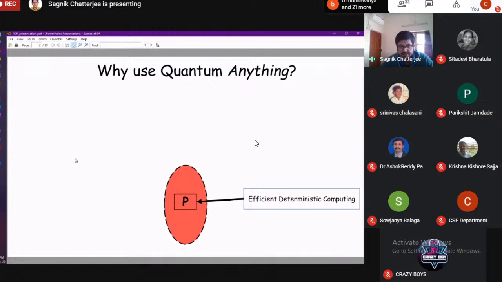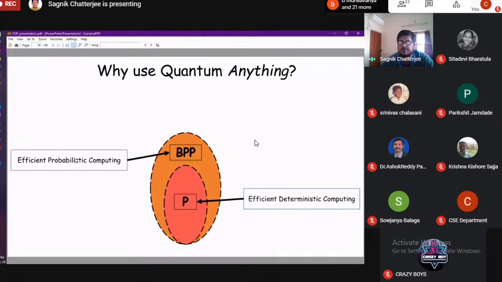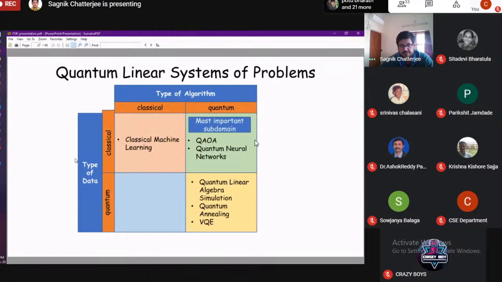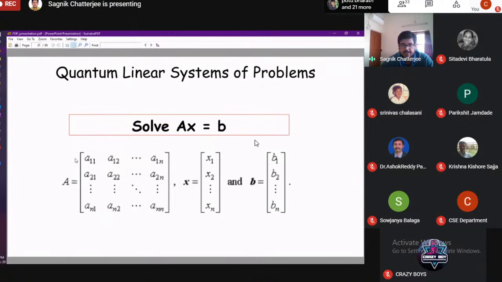Then we saw in terms of complexity theory how it looks. Then we saw the various types of algorithms that can be classified as quantum machine learning algorithms. We had the QLSP, where we solved the linear system of equations AX equal to B.